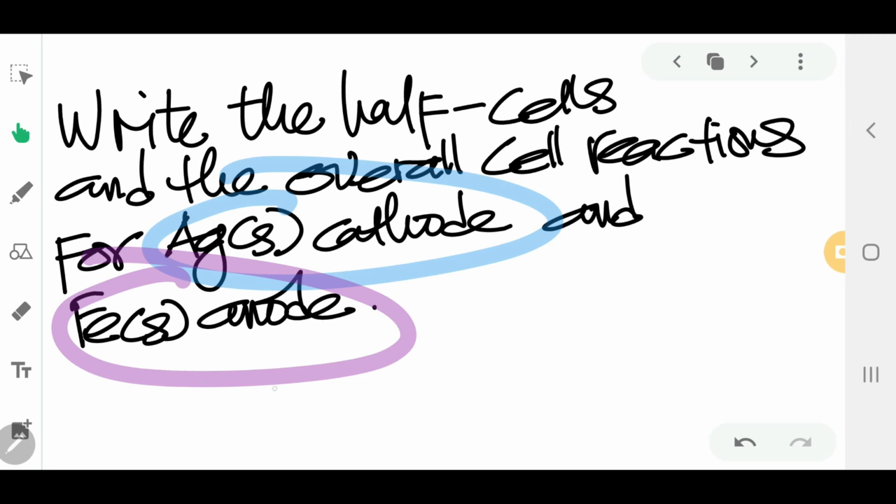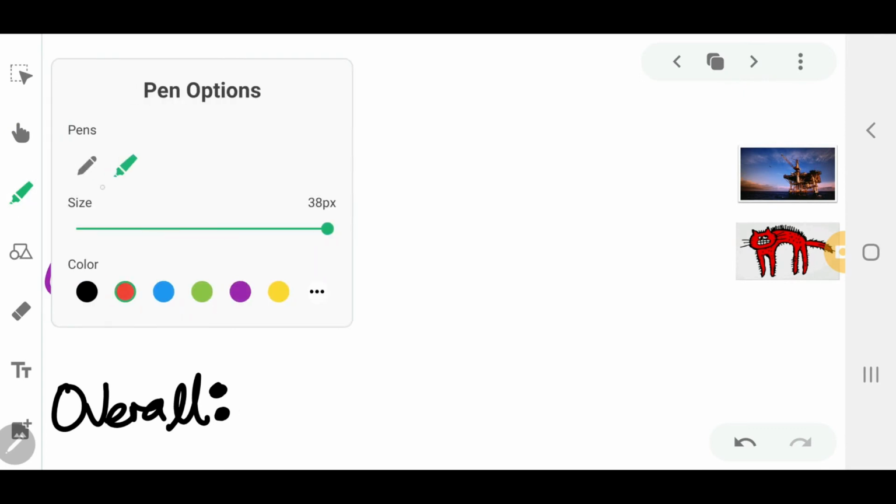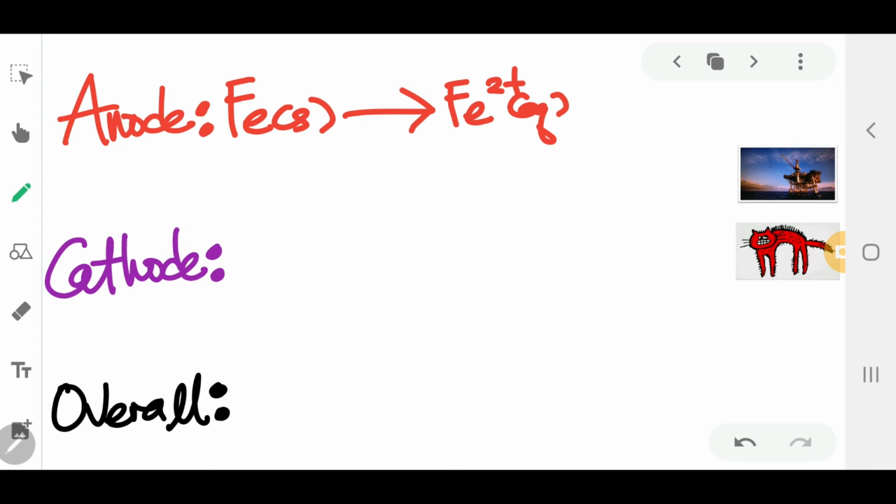So how are you going to write it? We're going to start with the anode first. For the anode, you'll have iron solid, and the stable oxidation number for iron would be Fe2 plus aqueous. That you need to remember. And of course, to balance that out, you need to add 2 moles of electrons.